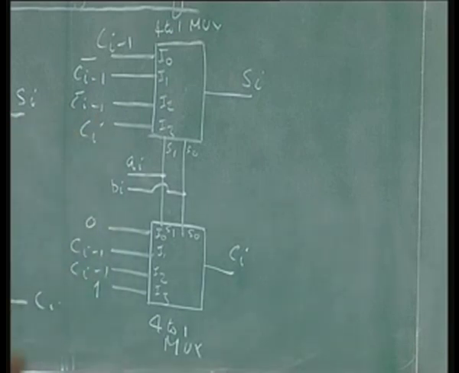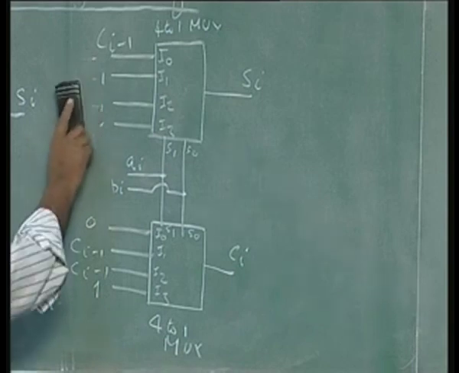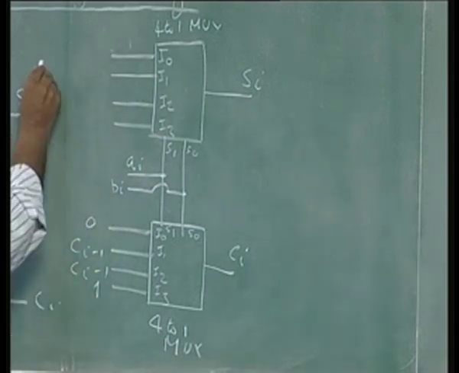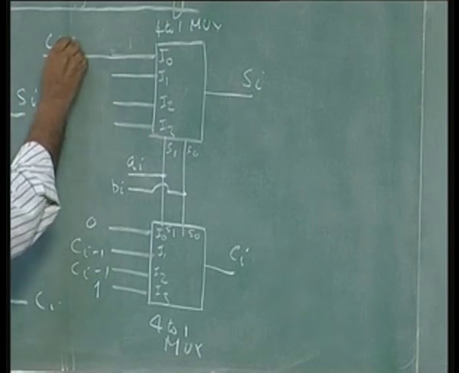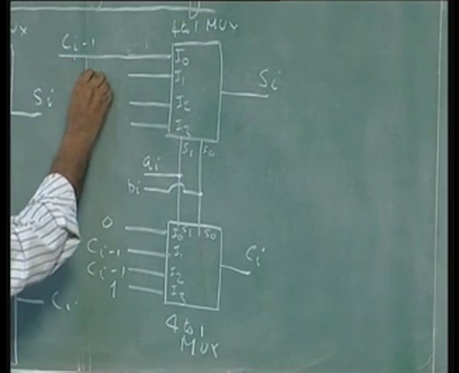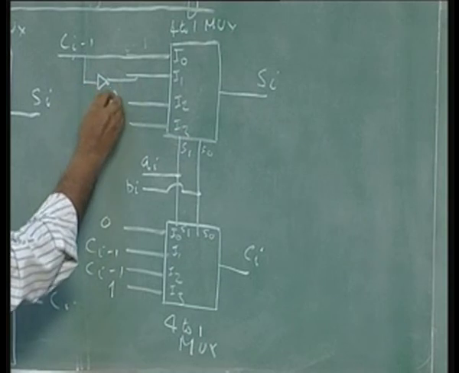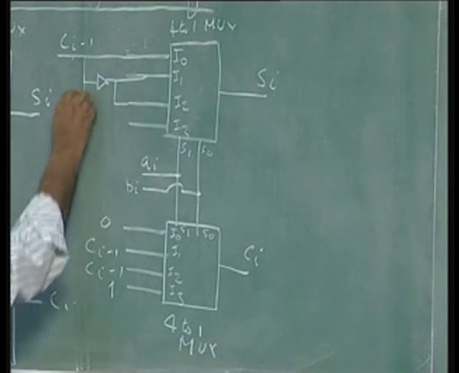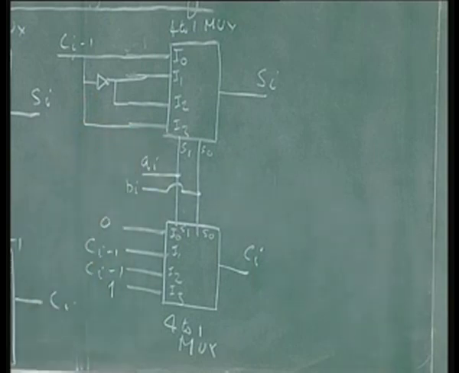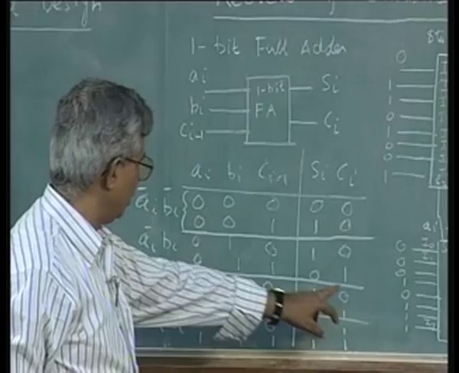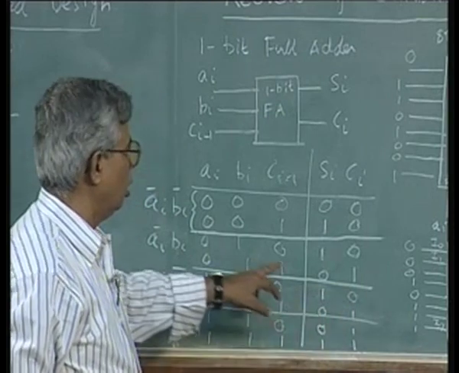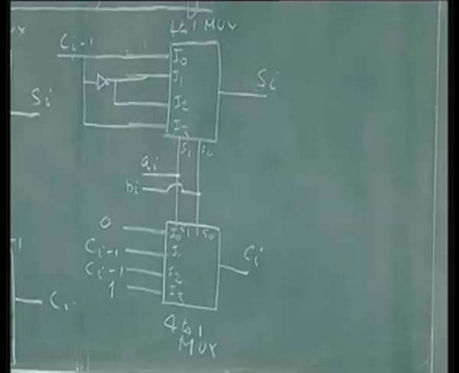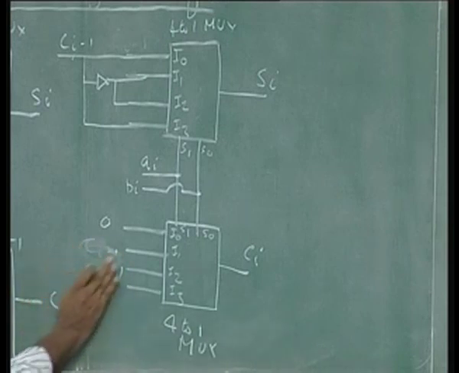Maybe I will have to replace this Ci minus 1 by an inverter. These are inverters, whereas in this case no inverters are required.